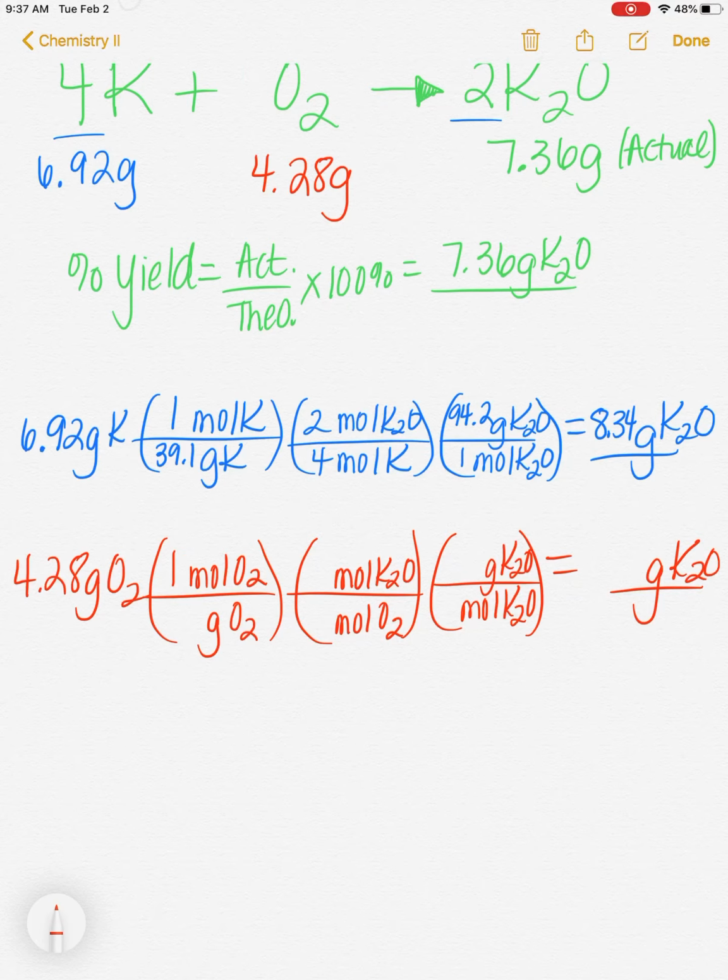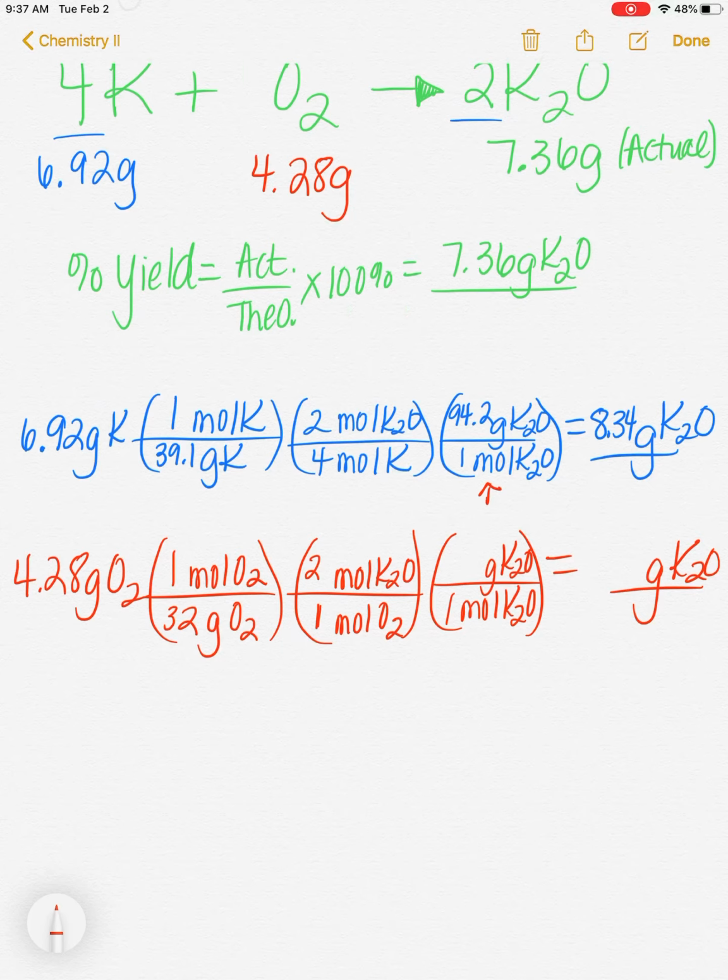So plugging in my numbers, in my first factor I'm going to put a 1 with the moles. Now since this is O2, you have to take 2 times the mass of 16, which is the mass of 1 oxygen. So that's going to be 32 grams in every 1 mole of O2. Then to go moles to moles, I have to look at my balanced equation. There's a coefficient of 1 in front of oxygen and a coefficient of 2 in front of K2O. For this last factor, I put a 1 with moles because it's a grams to moles.